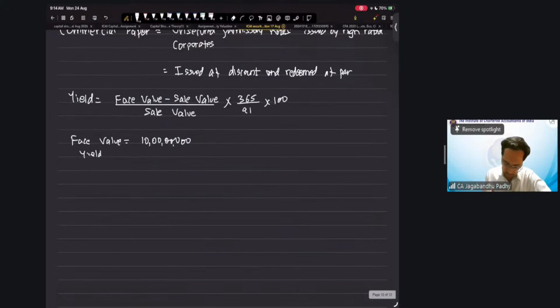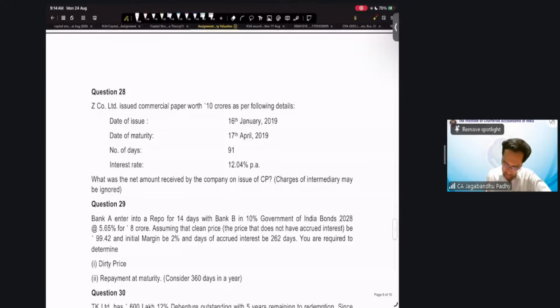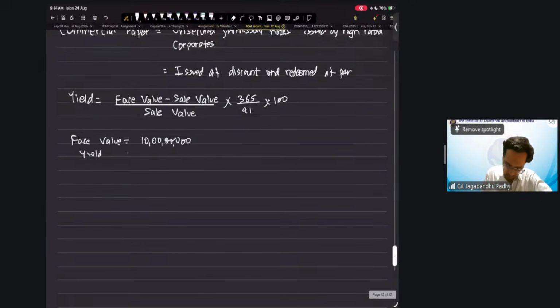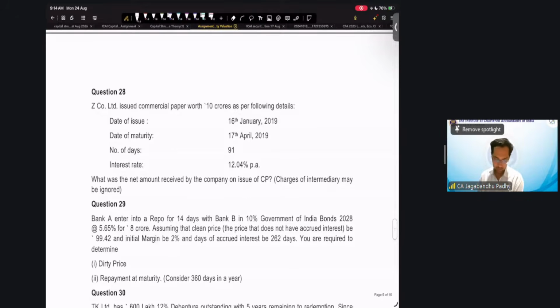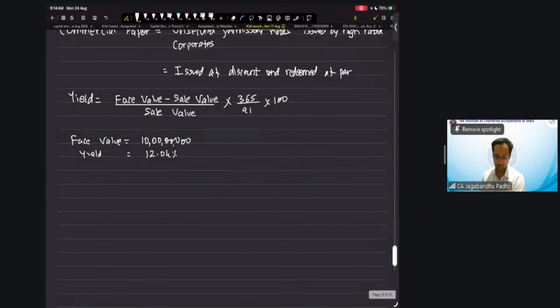So face value is 10 crore and yield is 12.04%. Okay. What was the net amount received by the company on the issue of commercial paper?